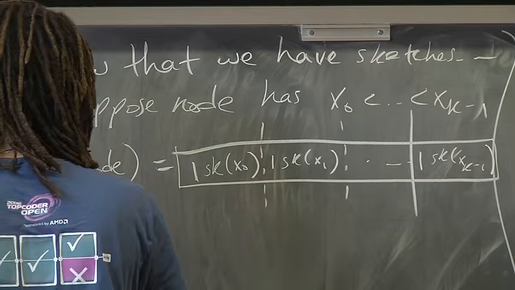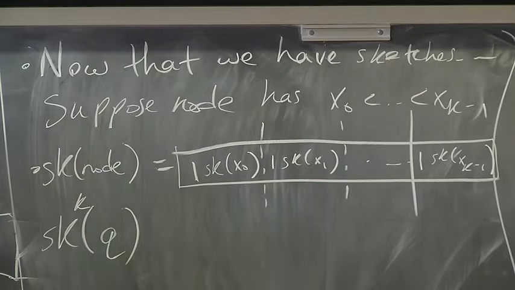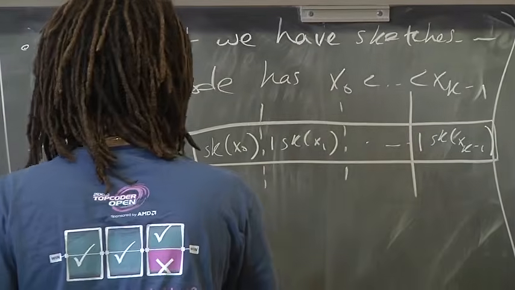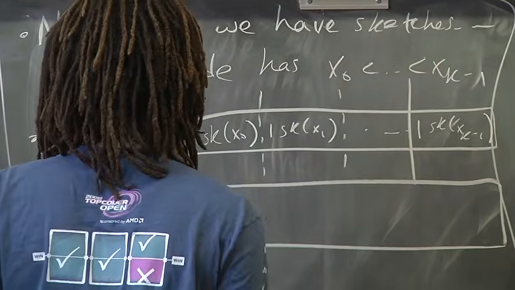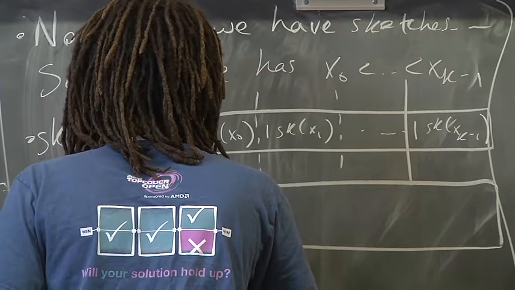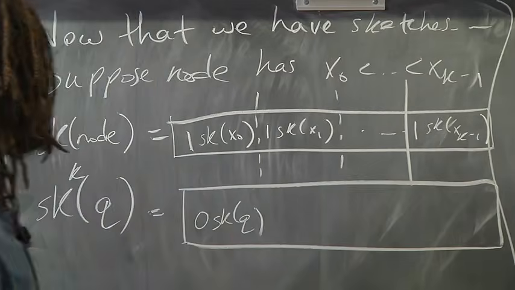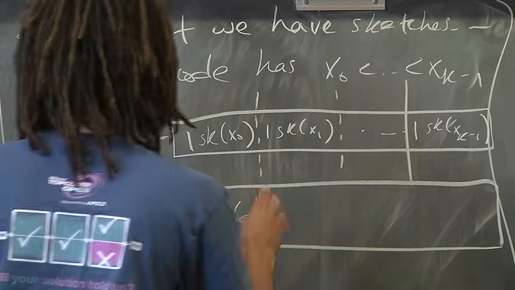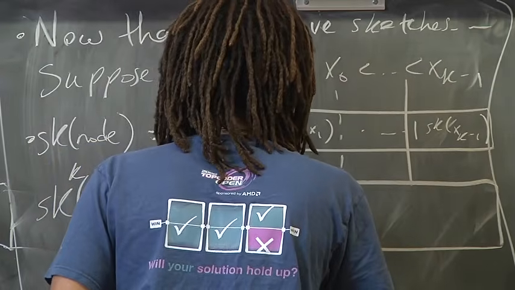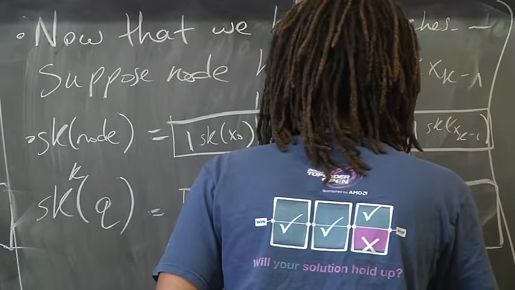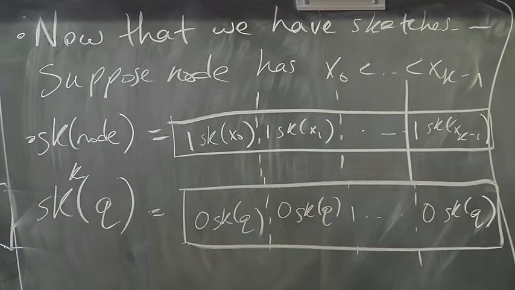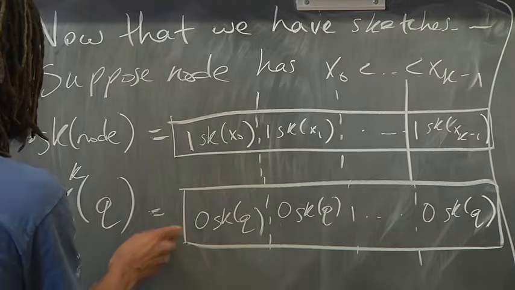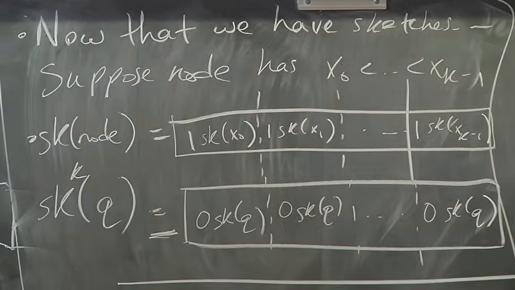So I'm going to define the sketch of Q, the sketch to the k of Q, as being 0 sketch of Q, 0 sketch of Q, 0 sketch of Q. And what am I going to do? I'm going to subtract.